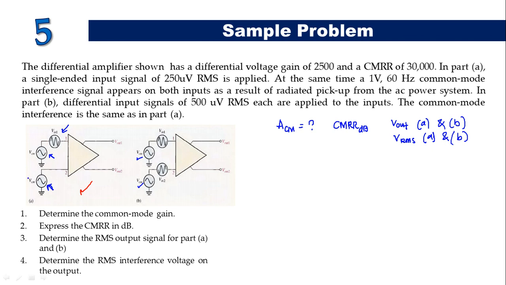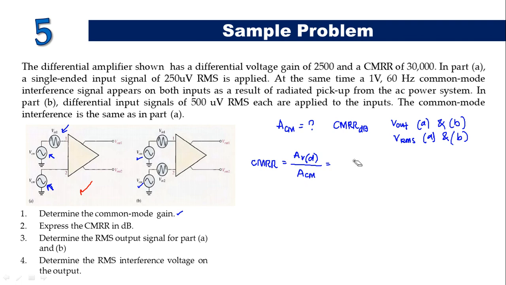So, in this case, makukuha natin yung common mode gain. No? So, let's say yung part A, ang alam lang natin is that yung CMRR equal yan sa ratio, di ba? Ratio ng ating voltage gain divided by the common mode. Yan.